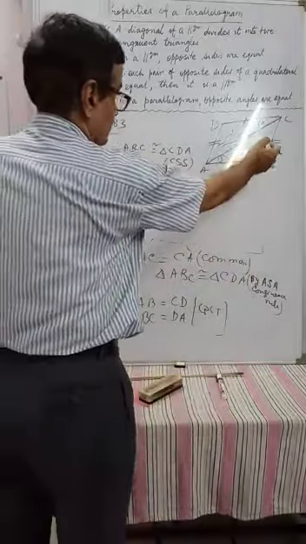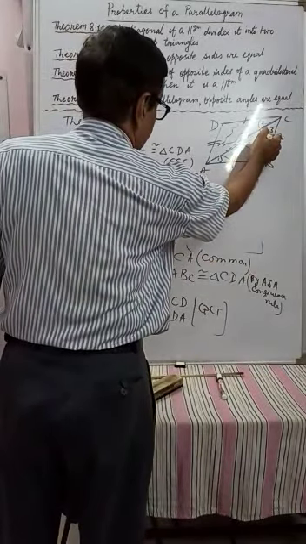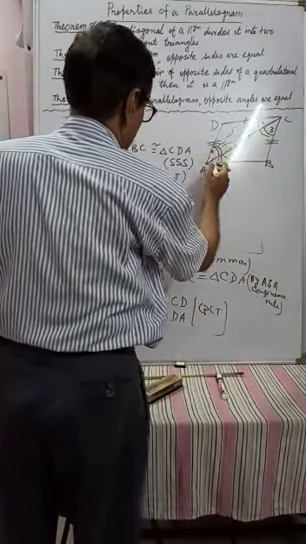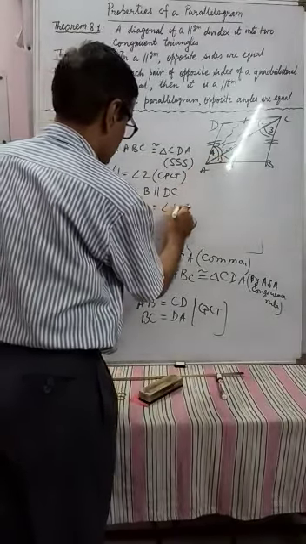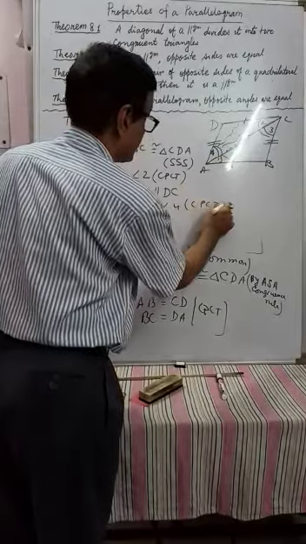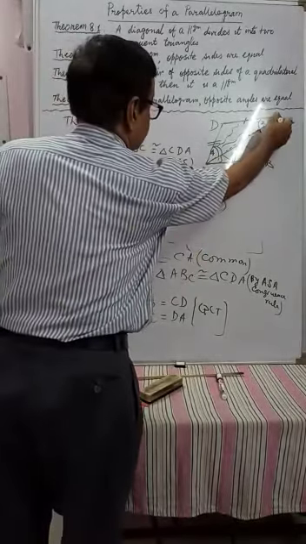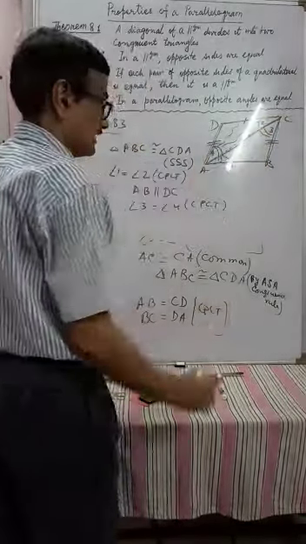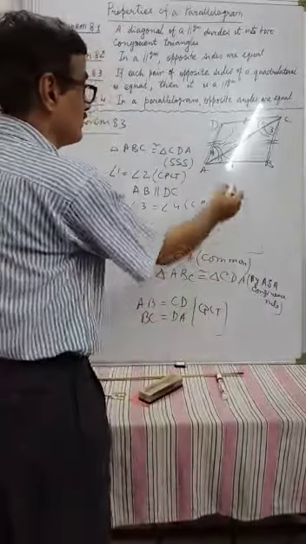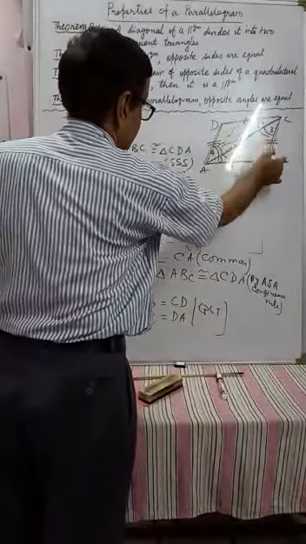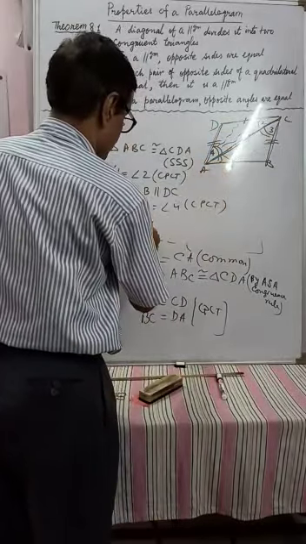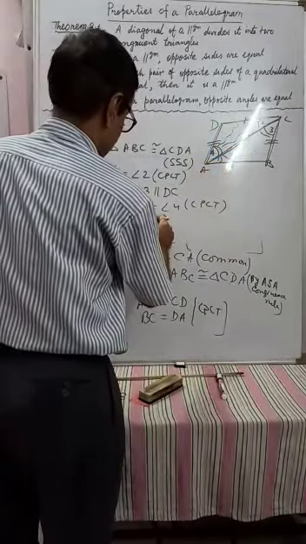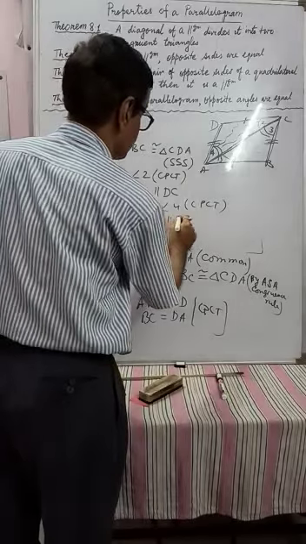Similarly, angle 3 and angle 4 are also equal by CPCT. But these are also alternate interior angles, and they are formed when AD and BC are intersected by this diagonal AC. Therefore, we can say that AD is parallel to BC.